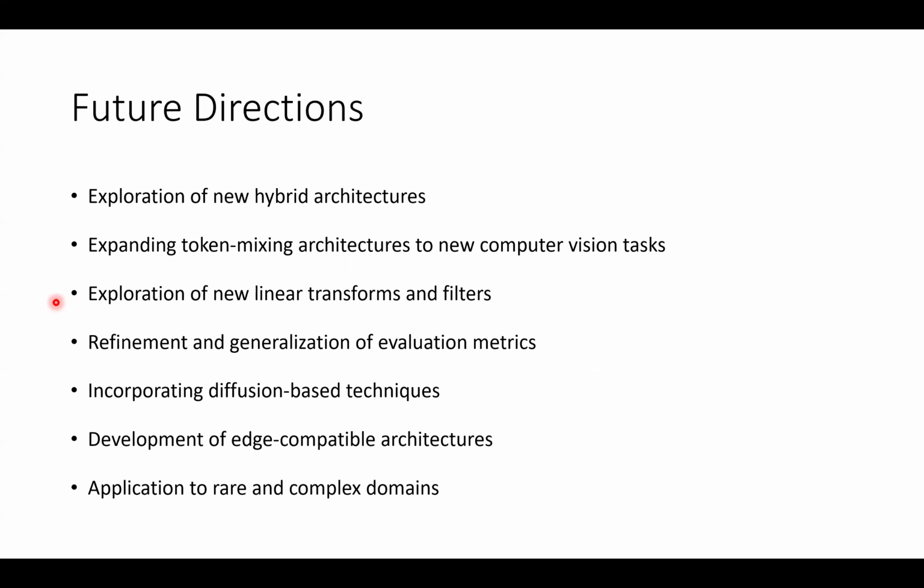So in the future direction, we can look for new types of hybrid architectures. We can also think of expanding token mixing architectures to new computation tasks like object detection, image dehazing, image restoration, etc. Exploration of new linear transforms other than wavelet, for example, Gabor filter and things like that, can be used as a token mixer, and much better generalizable and refined evaluation metrics can be made.